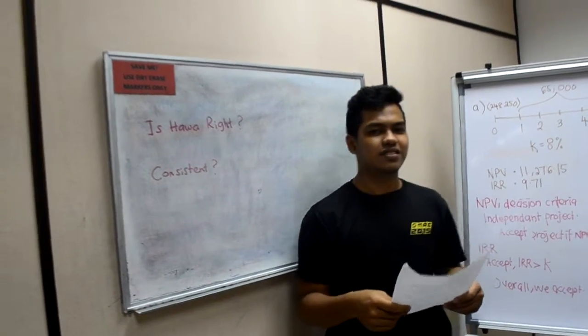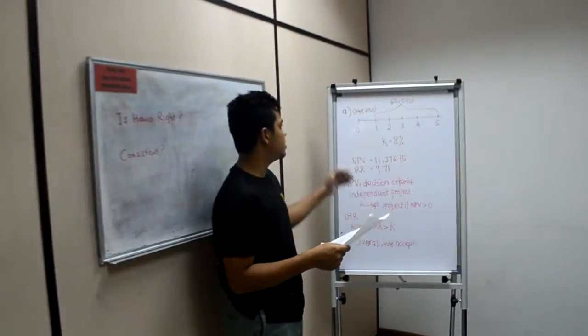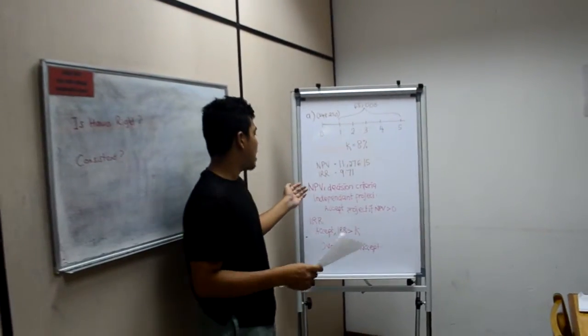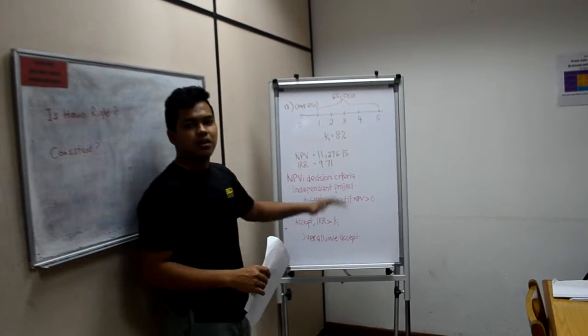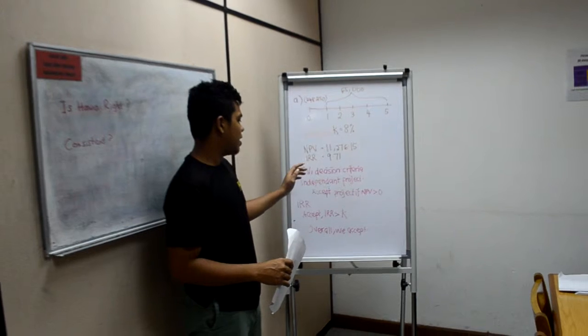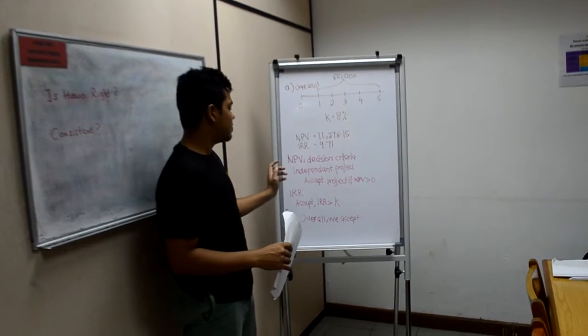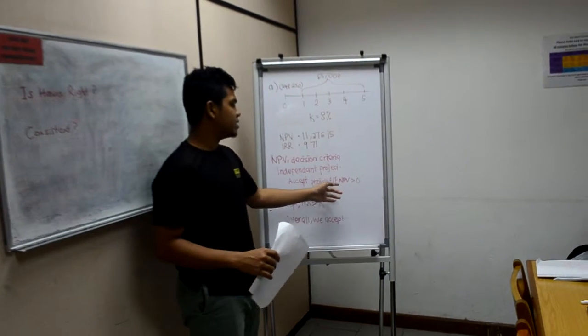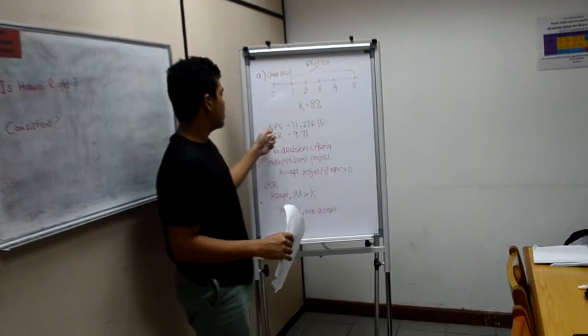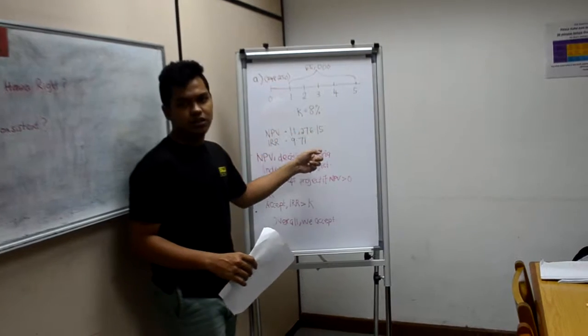I want to ask, why do you agree with Howard's statement? Actually, we can see from the previous calculation that whether we use NPV or IRR, we can get the same answer. For example, for NPV, the project will be accepted when the NPV is more than 0, and it's stated that the NPV is more than 0.